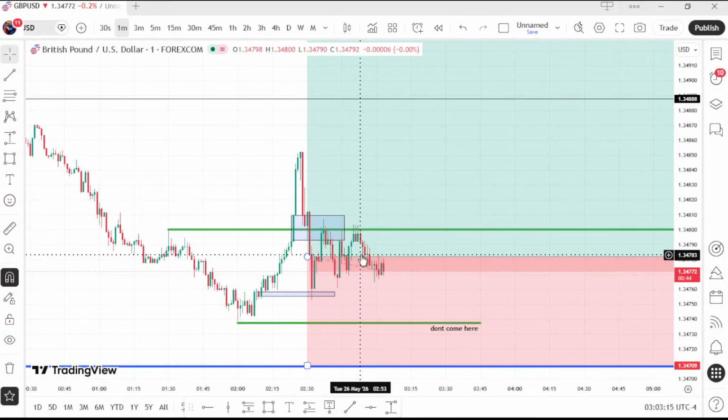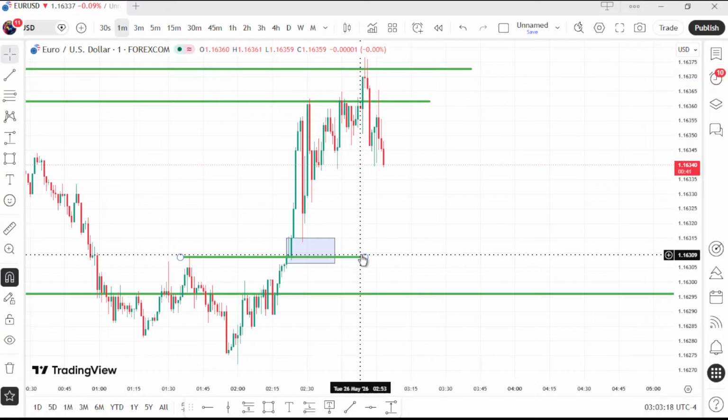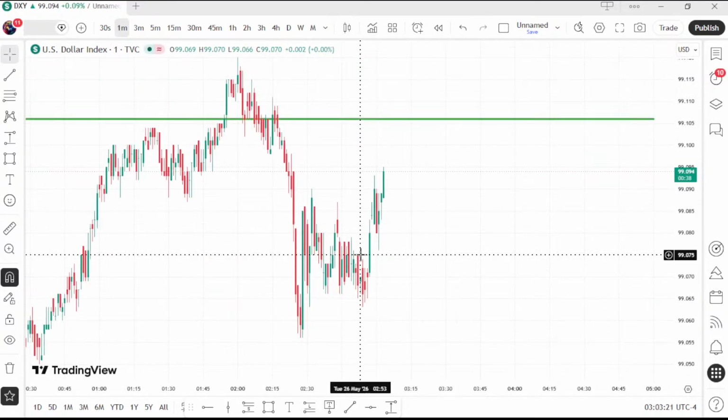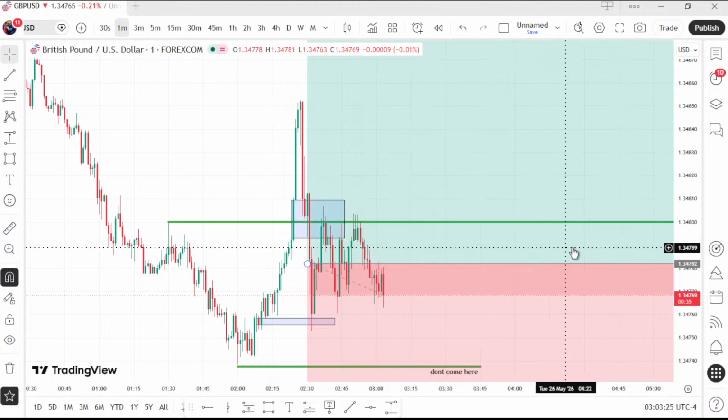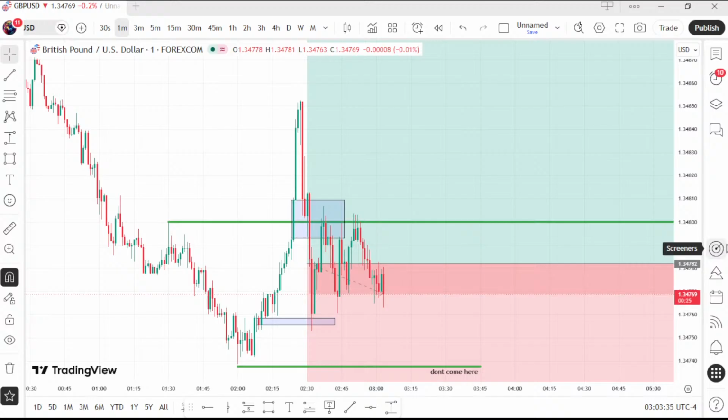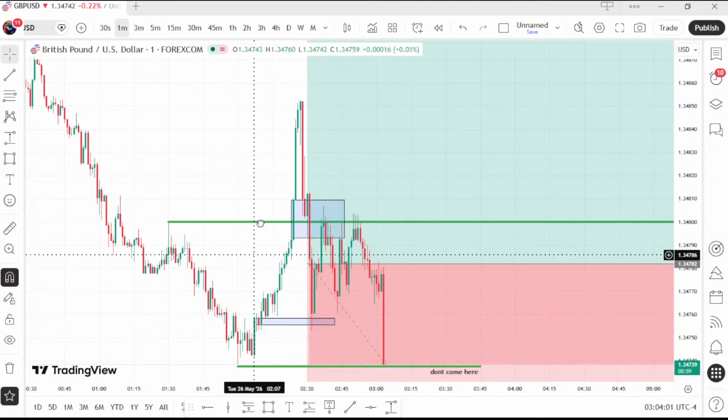So these consolidation, here the euro is just taking out small highs and getting up, going down, up, down, up, down. You see it? Yeah, it has done it.